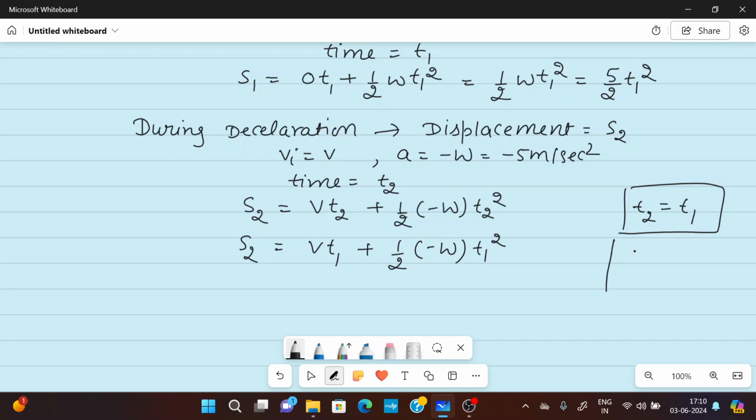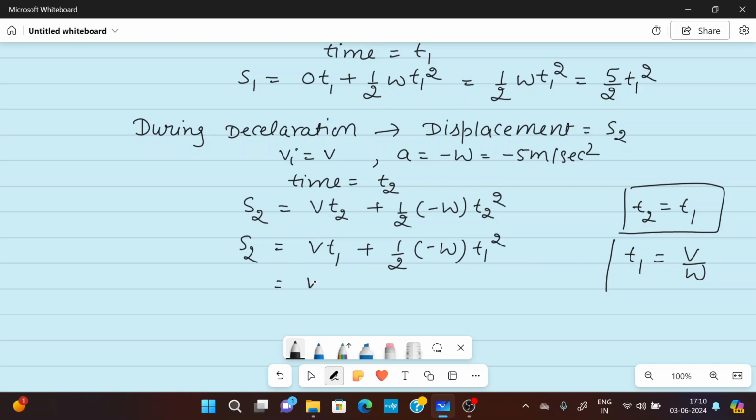Also we have shown that t1 is equal to v upon w, where we have calculated time of acceleration and we have shown that time of acceleration is equal to time of deceleration. There we have shown that t1 is equal to v upon w. So we will put the value of v in terms of w and t1, which is equal to w into t1.